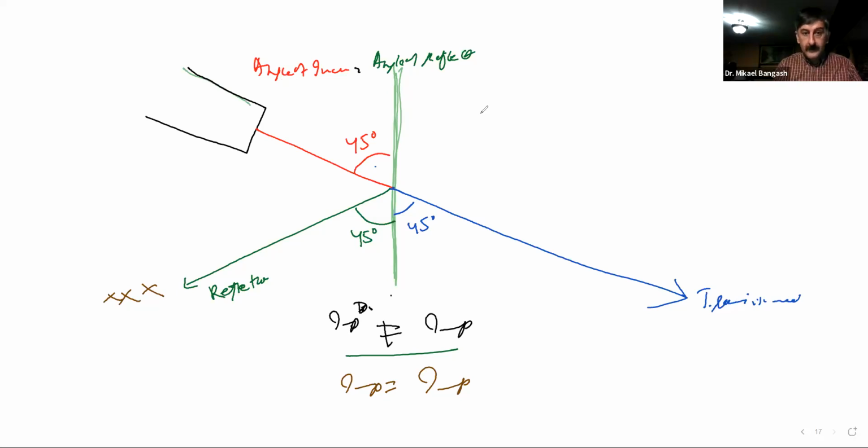So where the angle of incidence is going to be the same as the angle of transmission. What is going to be the scenario where that occurs?